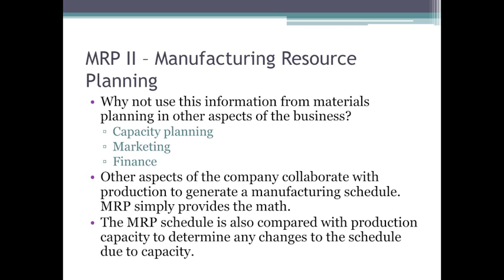You have people involved with capacity planning who have access to this information so that they can plan how to improve the process. And of course, finance, because if people are going to spend money, finance wants to know about it. So you have MRP acting as an engine here, providing the math for decision making for other parts of the company, other aspects of the company.